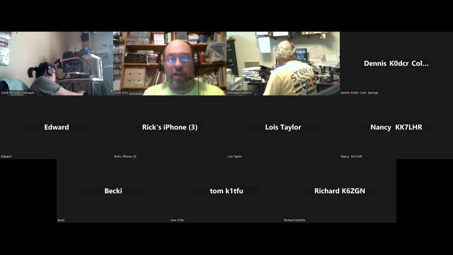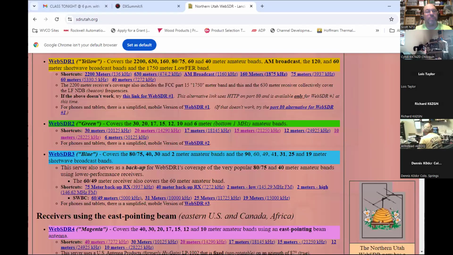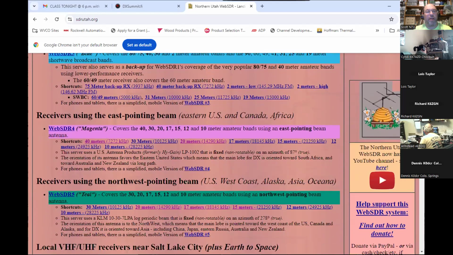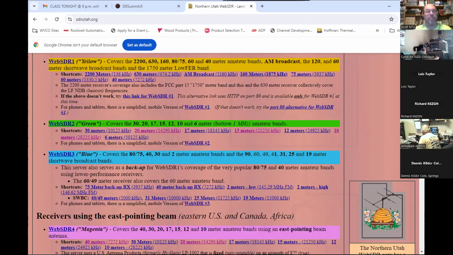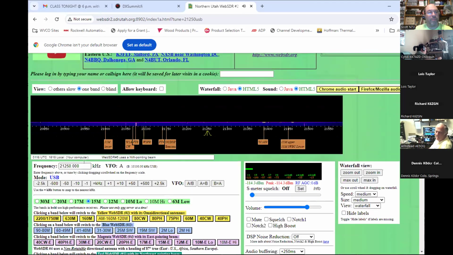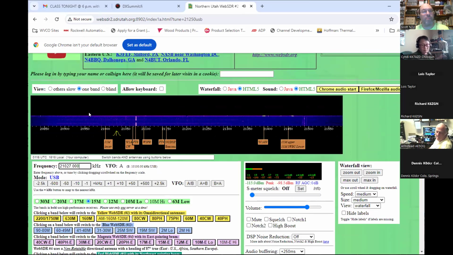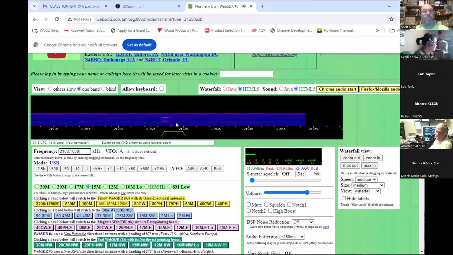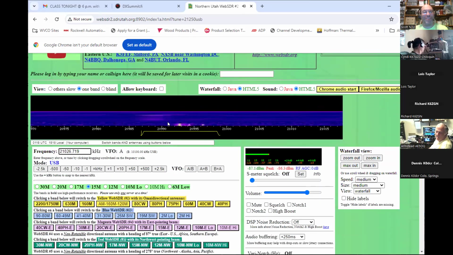And let me switch over to here. Let's go find a pile up. Love a good pile up. Okay. I think there's the east pointing beam. And it's on 15 meters, right? Yes. Okay. Oh, there we go.